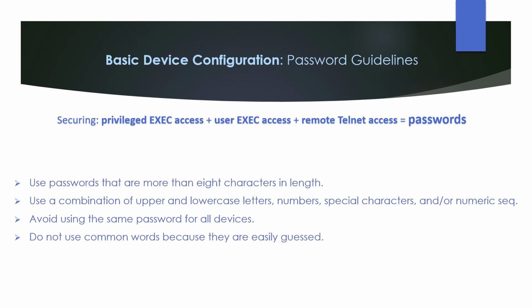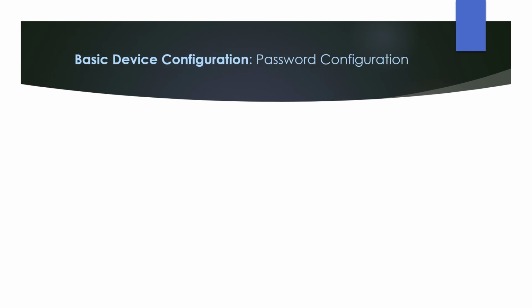So, when you initially connect to a device, you usually are in the user access mode. This mode is secured using the console. To secure user access mode access, you have to enter the console line mode by using the line console 0 global configuration command.